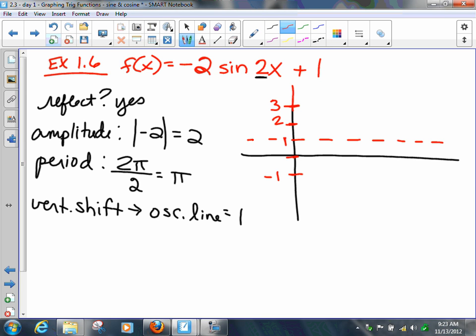All right, now, let's think about this. My curve is going to start where? On the oscillation line at 1. And Holden, is it going to go down or go up first? It's going to go down to what number? It's going to go down to -1, back up to 3, and then back down to the oscillation line.